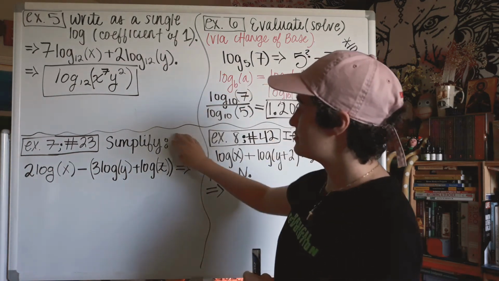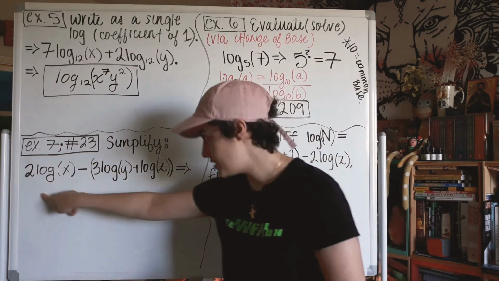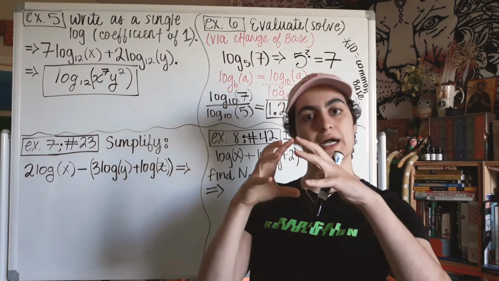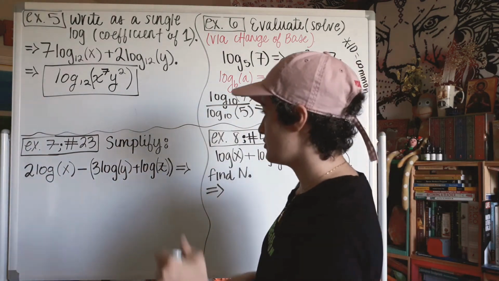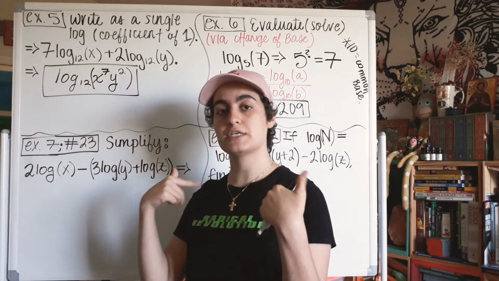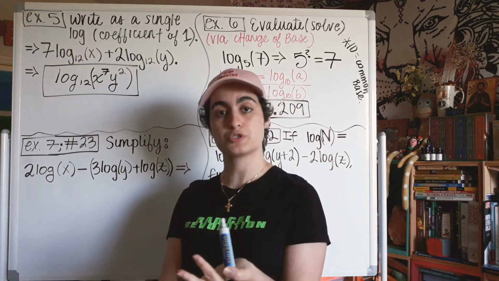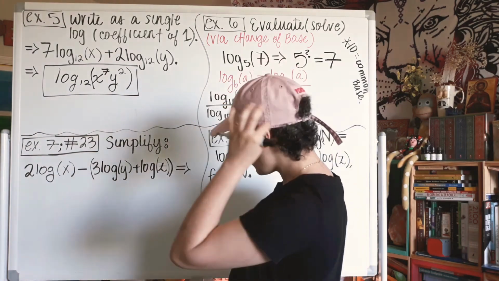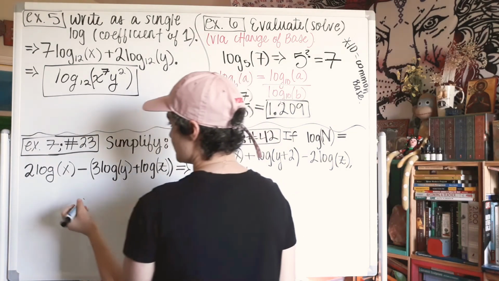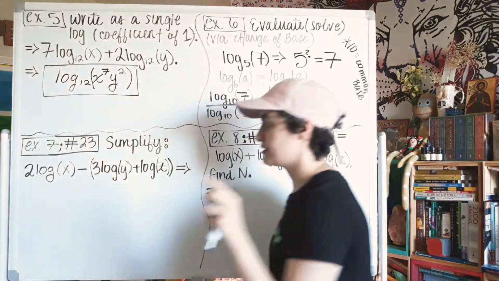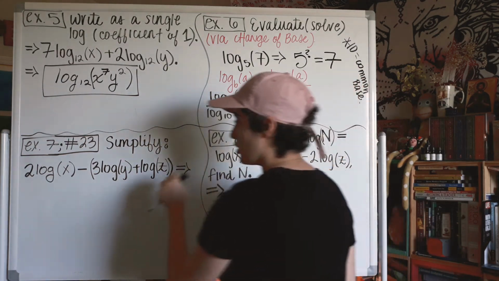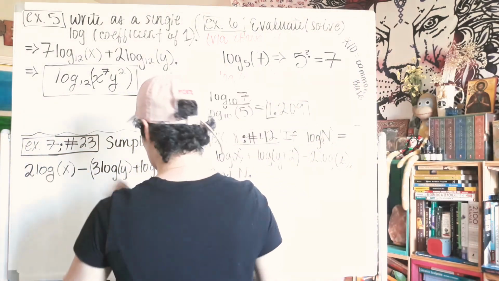So we're just going to simplify this expanded expression and make it as compact as possible. Okay? So I see adding, I see subtracting. That tells me product rule and quotient rule. And it goes left to right. So we're going to treat everything in parentheses together.